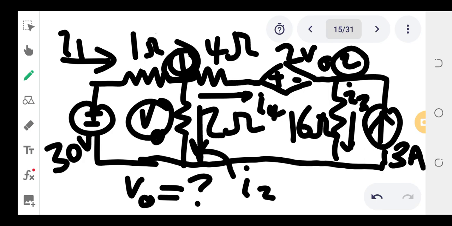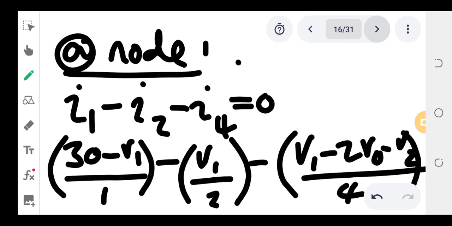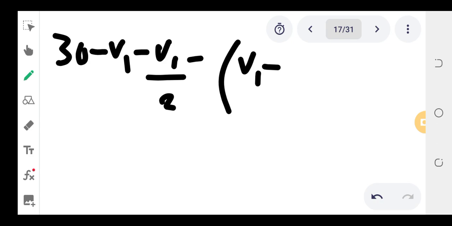Where there is Vo, I have replaced it with the initial values that I assigned on my own, so I'm going to replace it with V1.